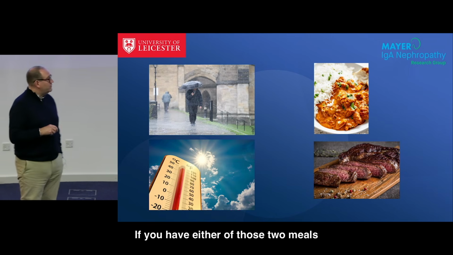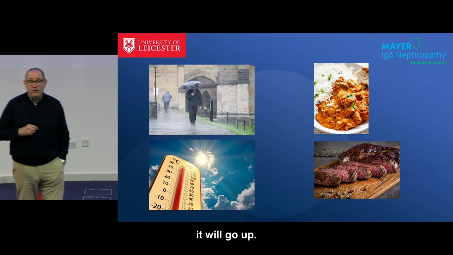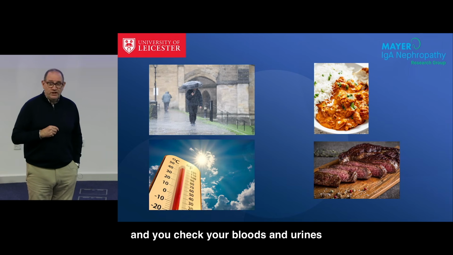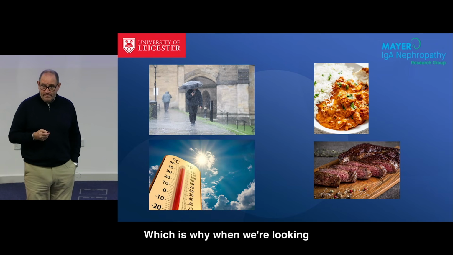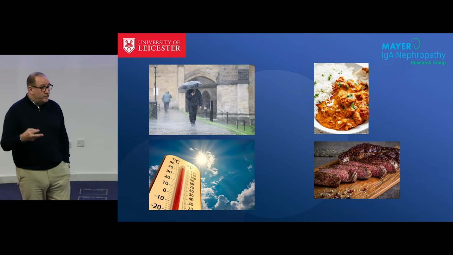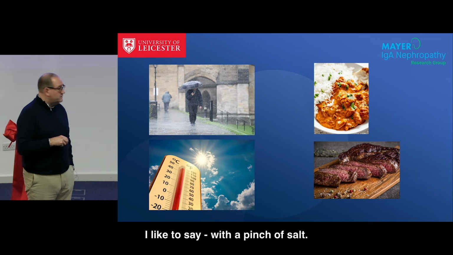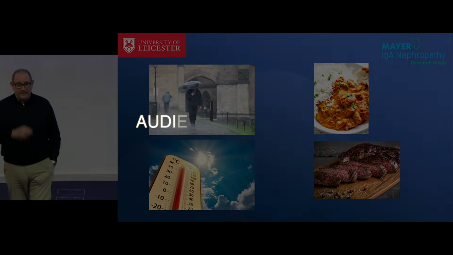If you have either of those two meals and then check how much protein is in your urine, it will go up. If you're a runner and you check your bloods and urine after you've been out for a run, they will go up. Which is why we look at blood and urine results with a pinch of salt, in the context of what you've been doing.